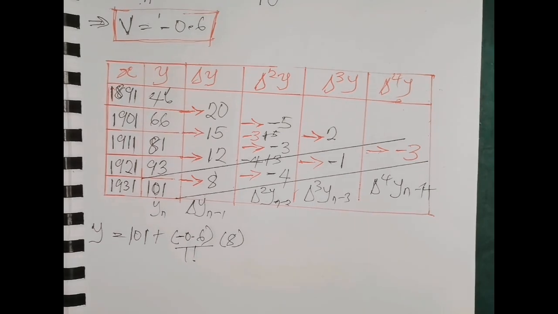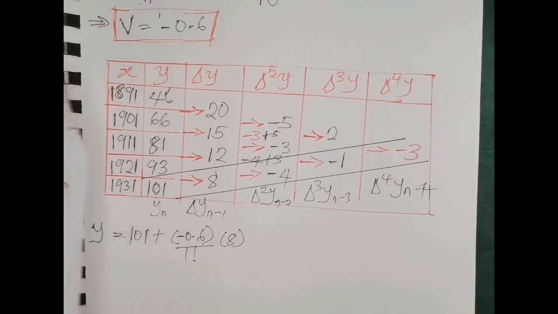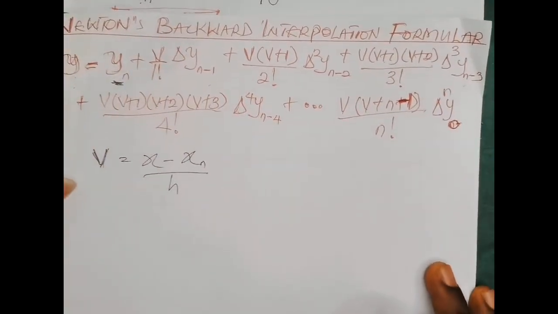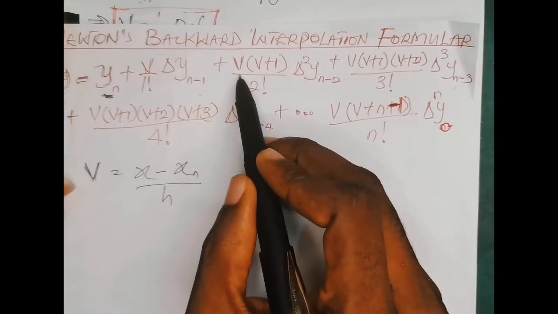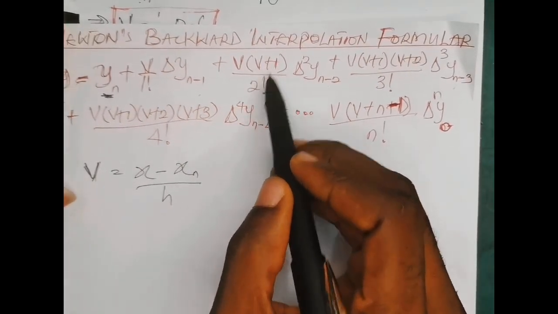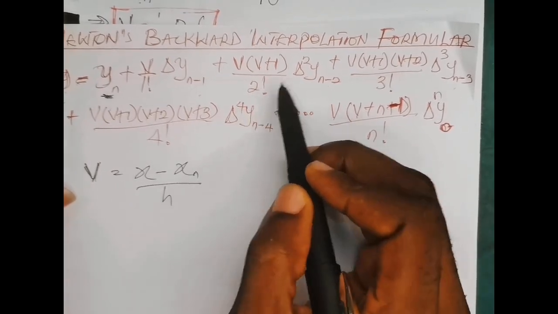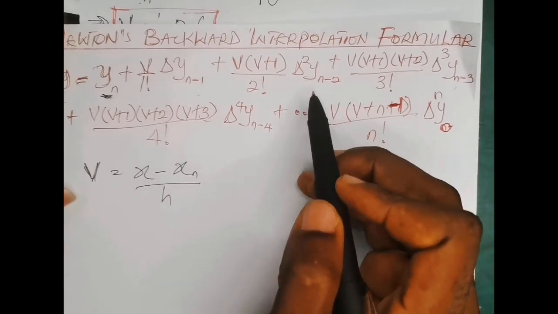All right, so next thing in the formula, let's pull out the formula again. Next is v multiplied by v plus 1 over 2 factorial multiplied by delta squared yn minus 2.